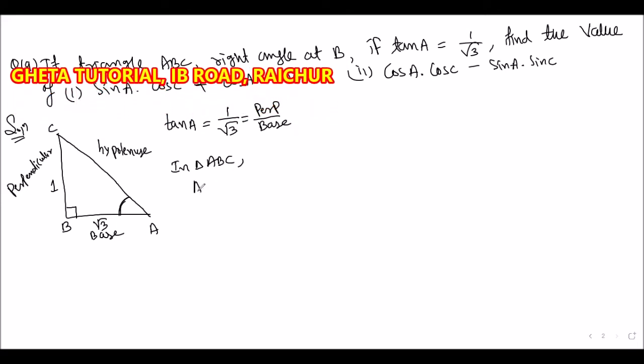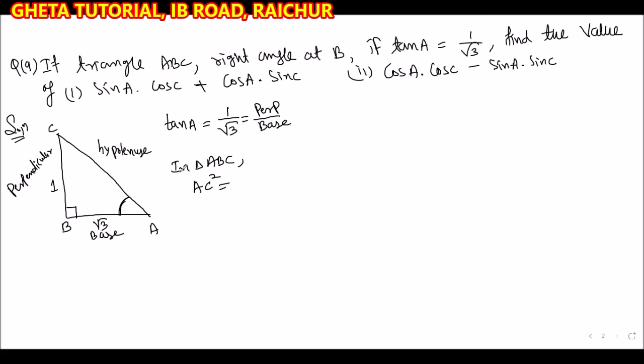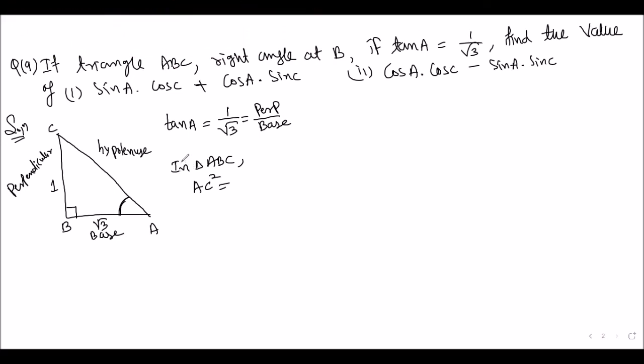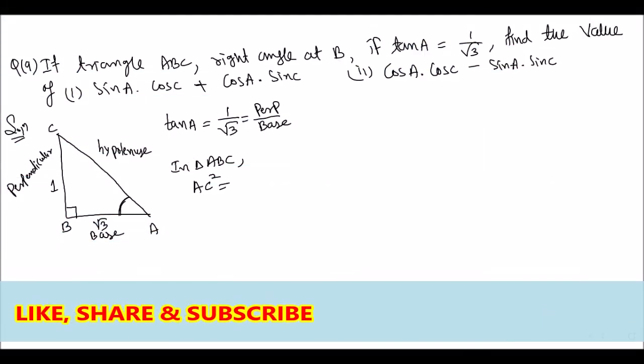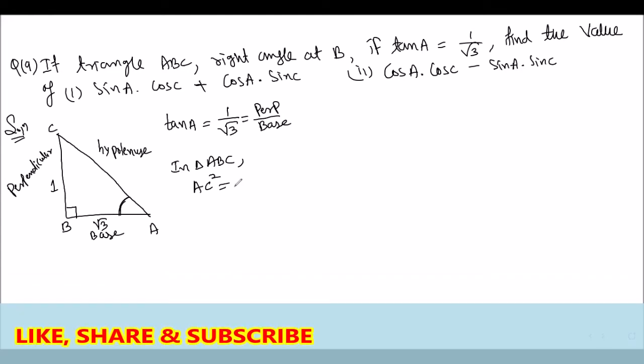How do we find the hypotenuse? AC square is equal to AB square plus BC square. AB is root 3 whole square, BC is 1 square.